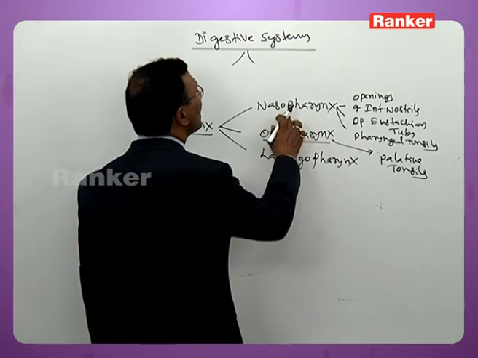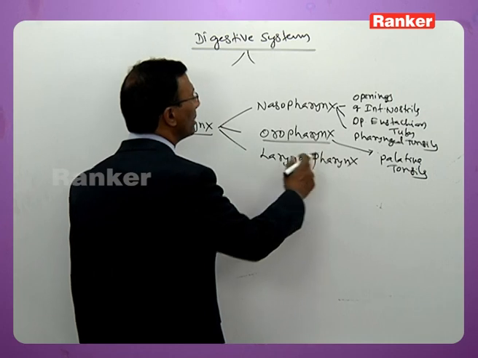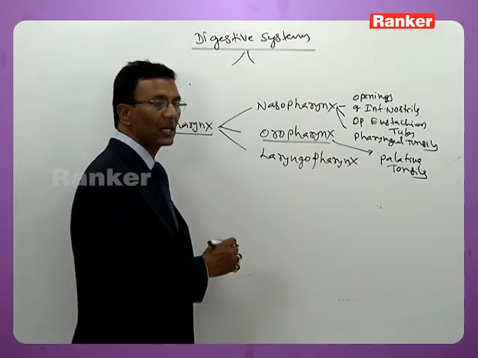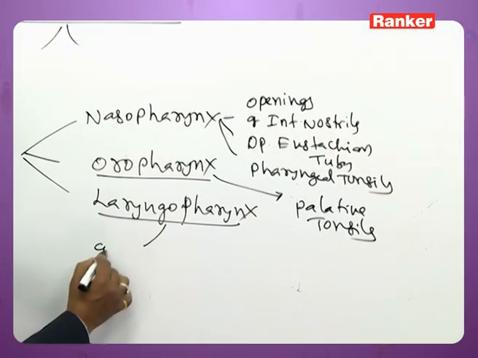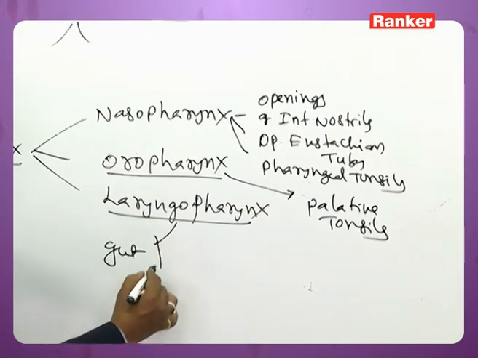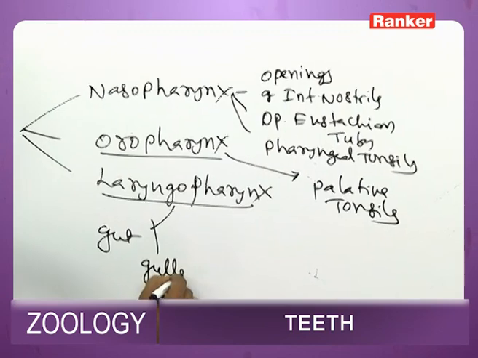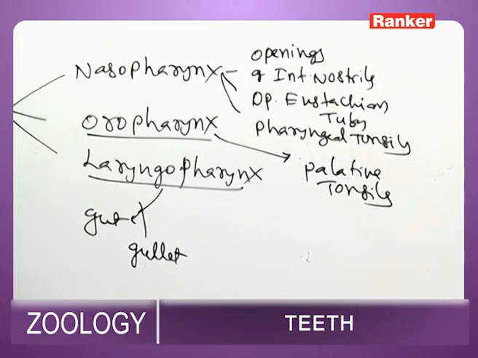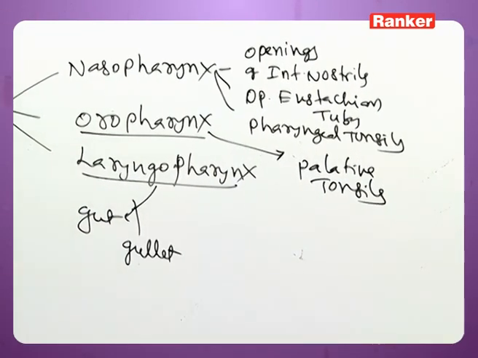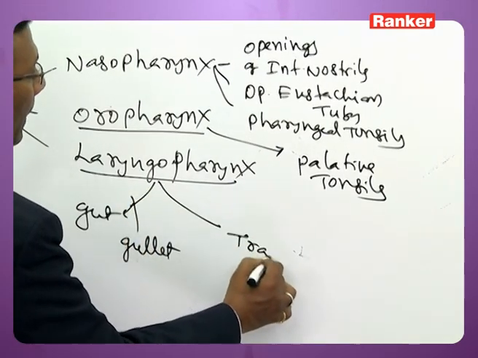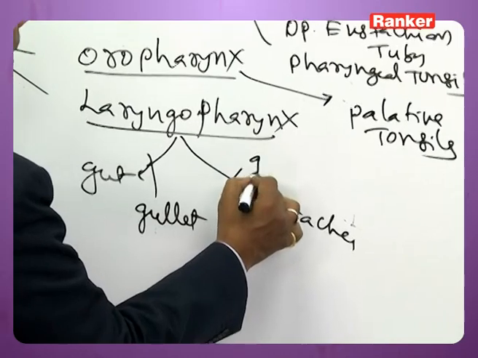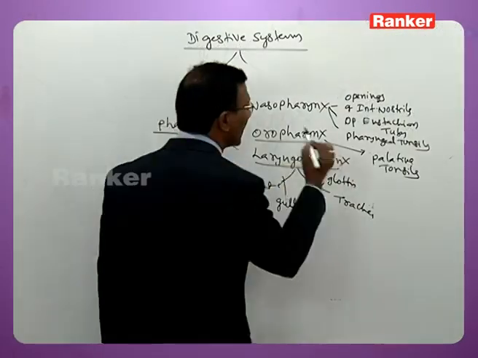Next, nasopharynx and oropharynx both open into the laryngopharynx. Laryngopharynx opens into the gut, that is the alimentary canal, through the gullet. It opens into the trachea through the glottis.